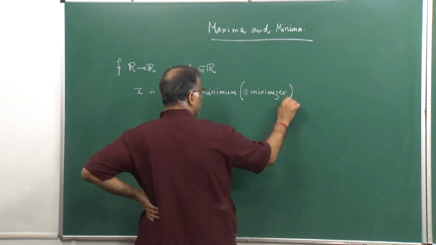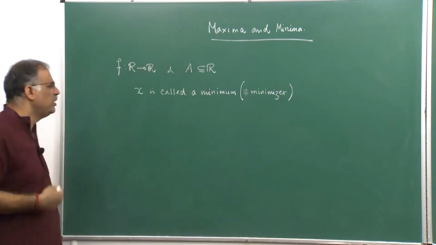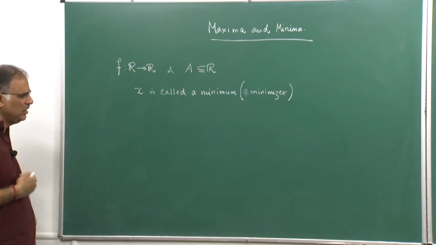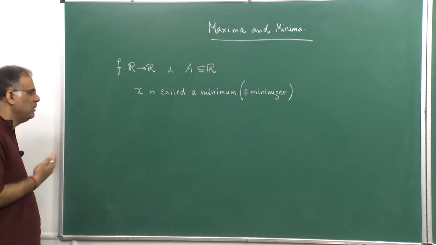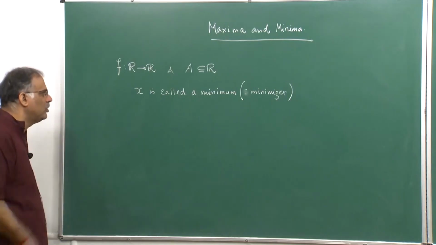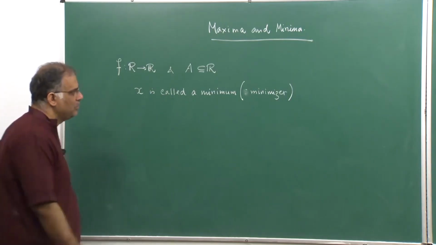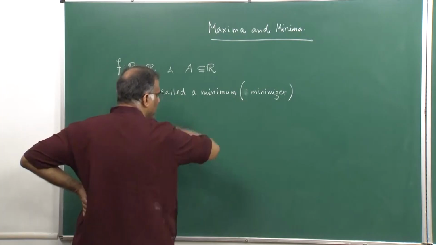So, there are various ways. Spivak calls it minimum, but if I go to the domain of optimization theory, I would really start calling it a minimizer.